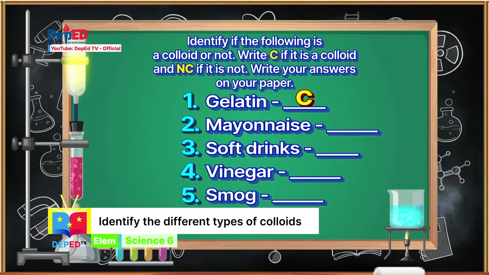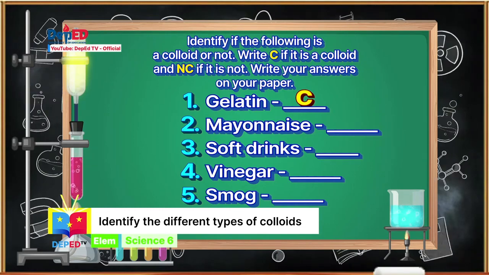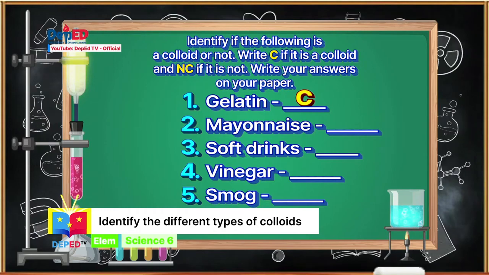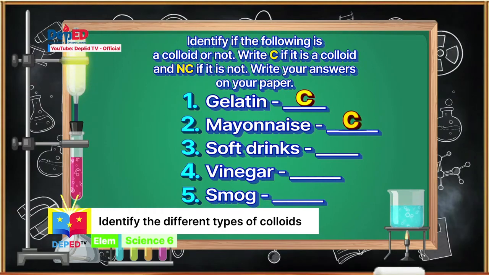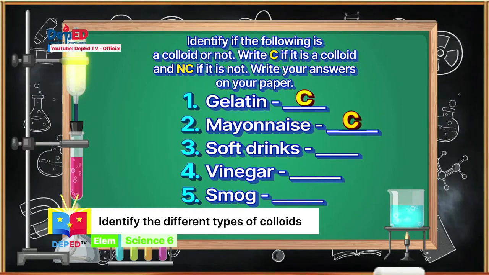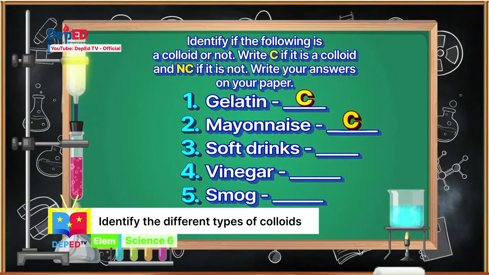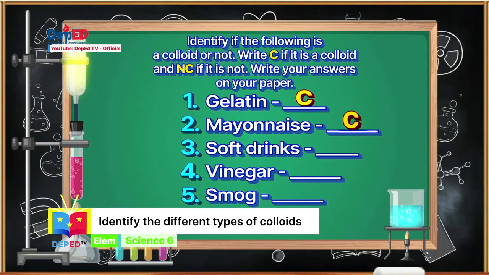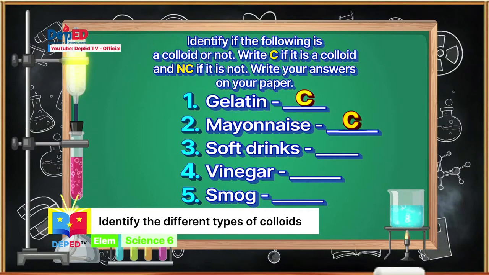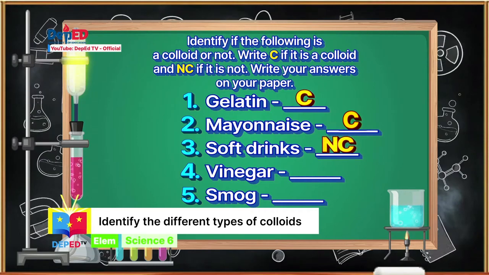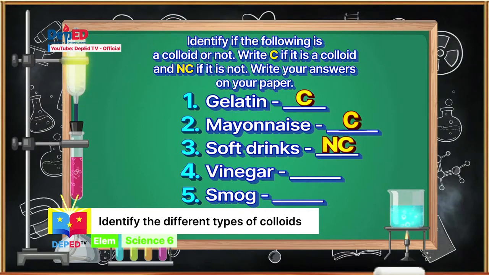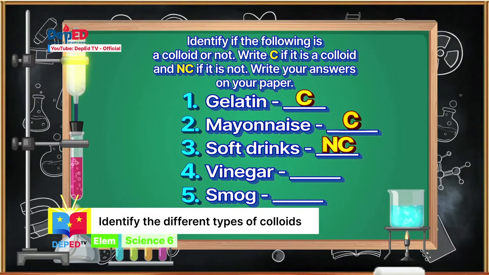Number 2, mayonnaise. The correct answer is C, colloid. Number 3, soft drinks. The correct answer is NC, not a colloid because soft drinks are solutions.